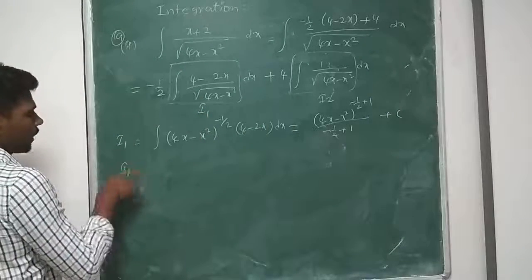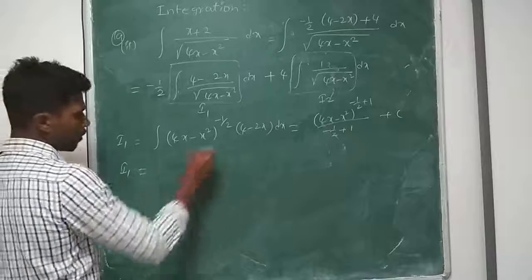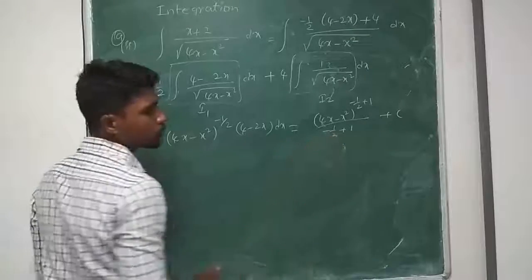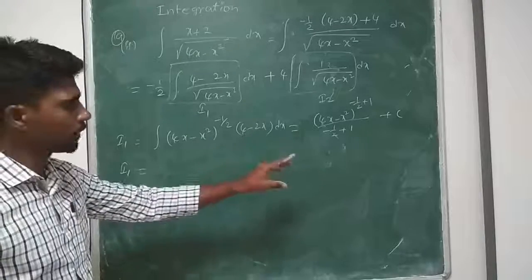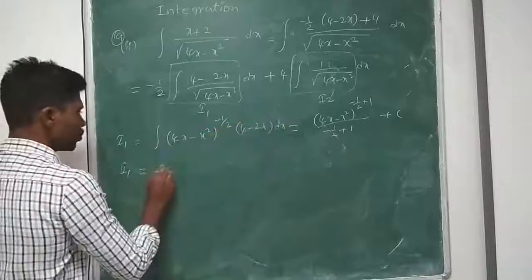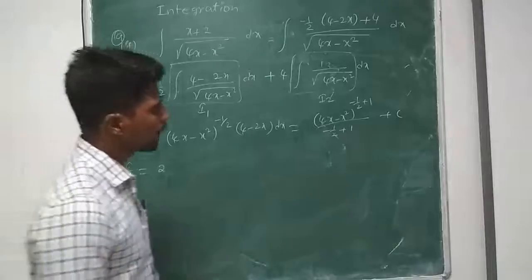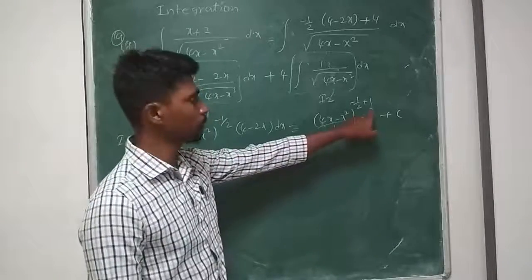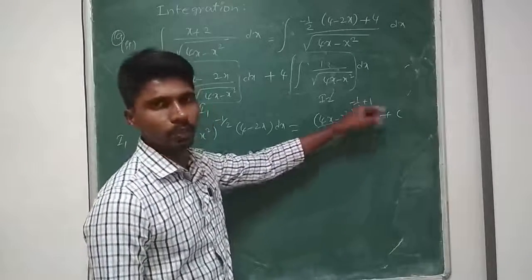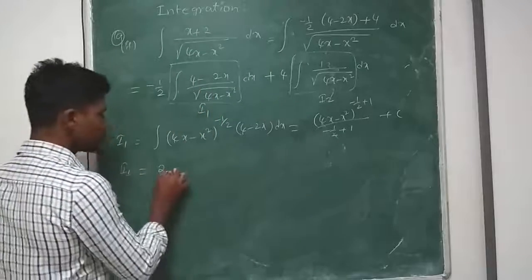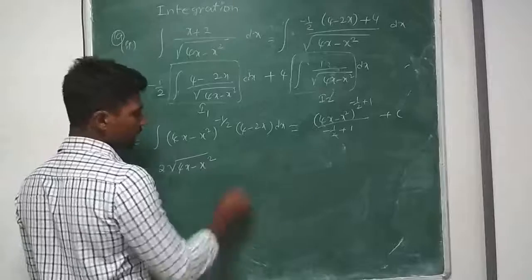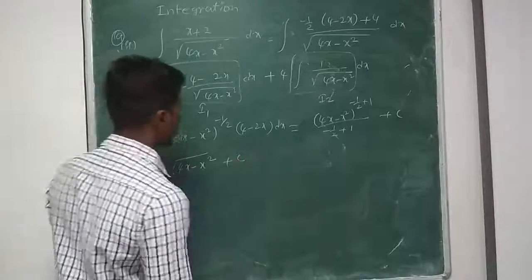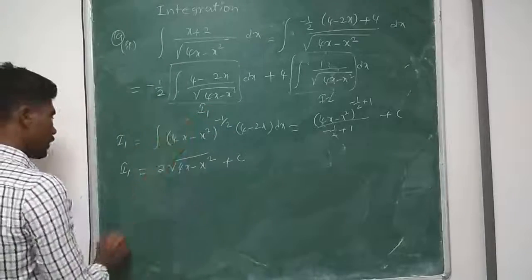Now I1: minus 1 by 2 plus 1 is 1 by 2, and its reciprocal is 2. So 2 into (4x minus x square) whole power 1 by 2, which is nothing but the square root. So I can write it as 2 into square root of 4x minus x square plus a constant c. So I got I1. Now I solve I2.